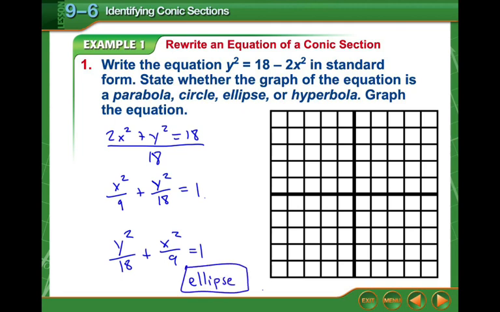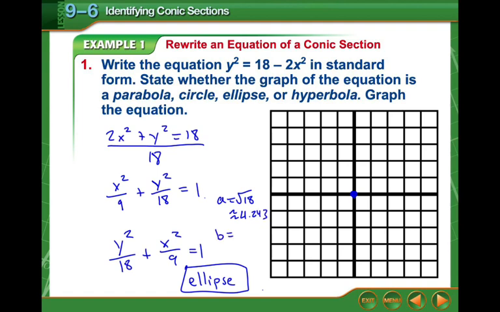So now we need to graph it. Our x's and y's are not being added or subtracted with anything, so the center is at the origin. Our a is equal to the square root of 18, which is about 4.243.